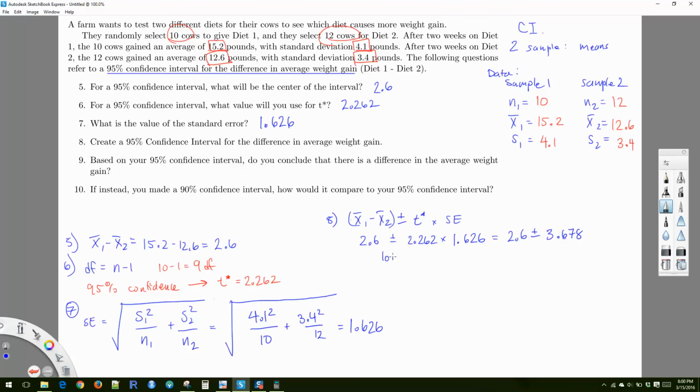So on my low end, and on the high end, that is equal to, okay, so here my answer is negative 1.078 to 6.278.